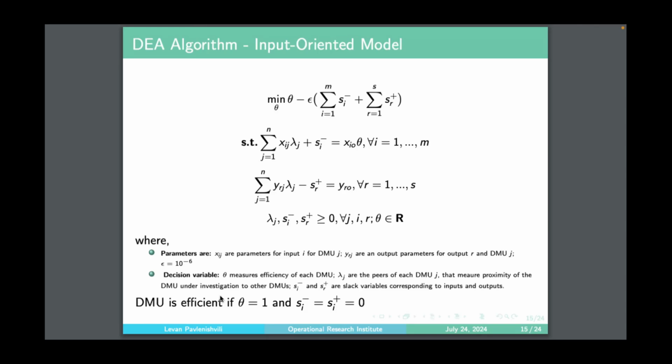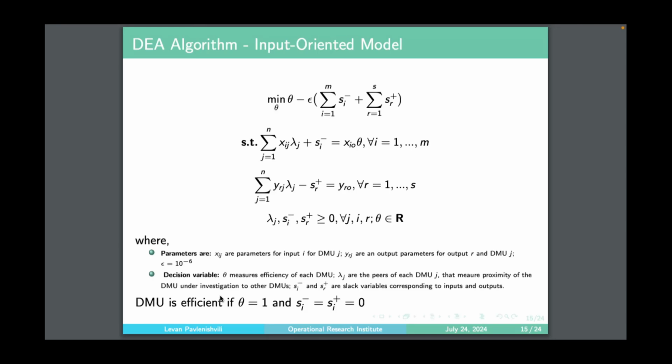I do the same with outputs, but since my model is input oriented, I'm trying to measure input efficiency. Okay, so I'm also trying to figure out such lambda which gives me a distance for each decision-making unit towards both inputs and outputs.